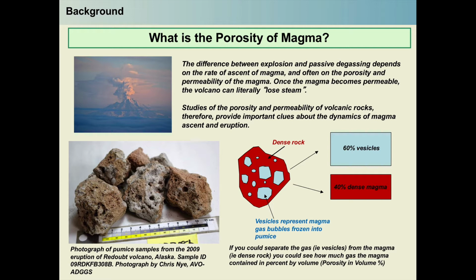You build up gas bubbles as magma rises to the surface and the gas exsolves into those bubbles, forming a foamy magma. Once the magma becomes permeable, the volcano can literally lose steam, which means all of that gas can escape out of permeable networks that run through the magma. We can't actually go down and sample magma directly from the conduit. If we could, that would be pretty revolutionary.